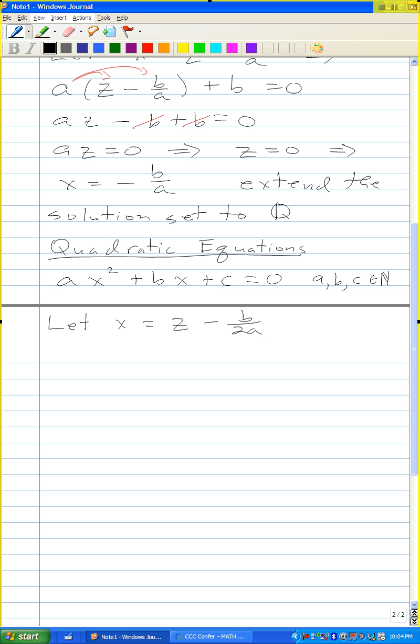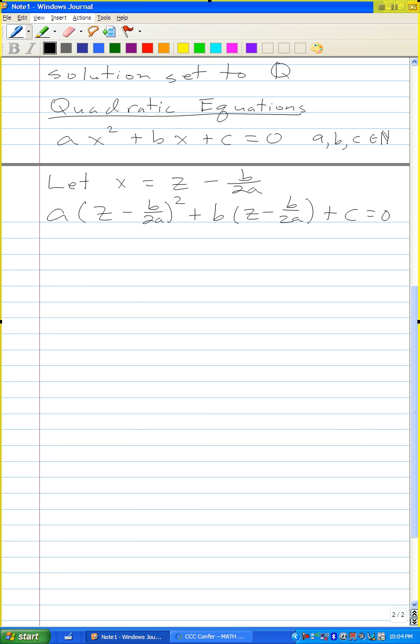And so I get ax squared plus bx plus c is 0. And so I get a, and so let's square what's inside the parentheses. So z squared minus b over a z plus b squared over 4a squared, plus, well, let's multiply b inside the parentheses.